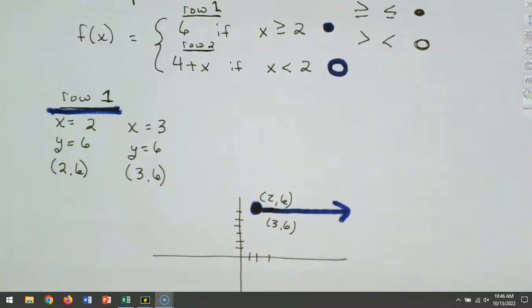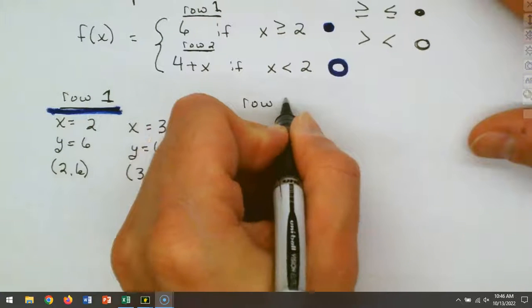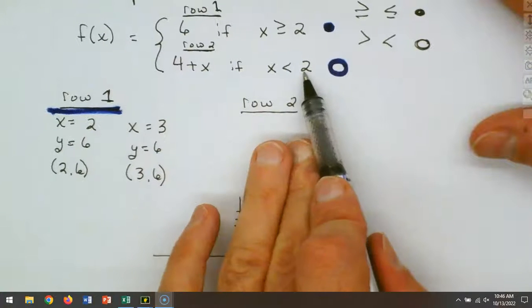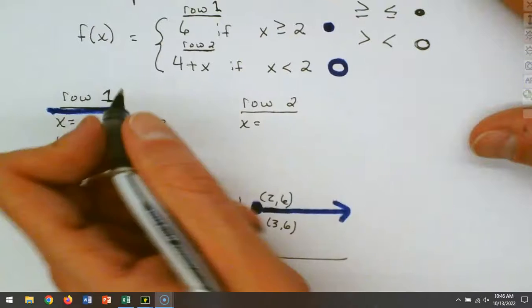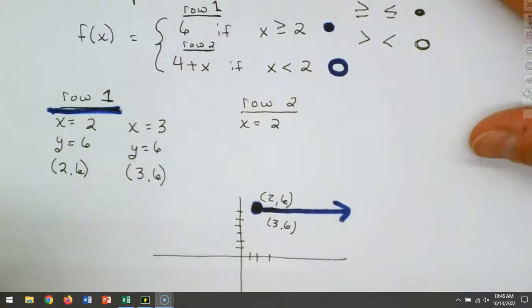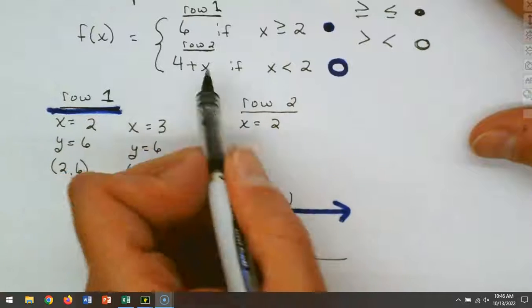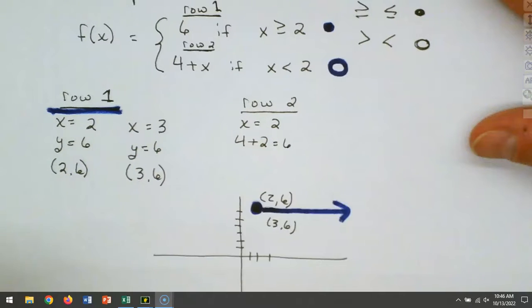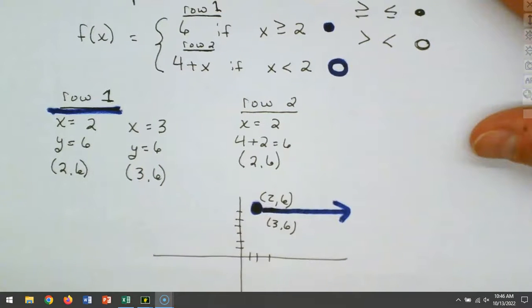Now we look at row 2. For row 2, we plug in the same value of 2. So for row 2, we're going to plug in, again, the same number. We're going to plug in that 2. And if I plug the 2 in, what do I get? If I plug in 2 for x, I get 4 plus 2, which is then what? 6. So that is now the new ordered pair (2, 6), which is the same as the other one.